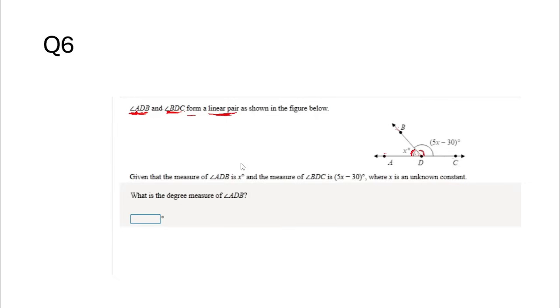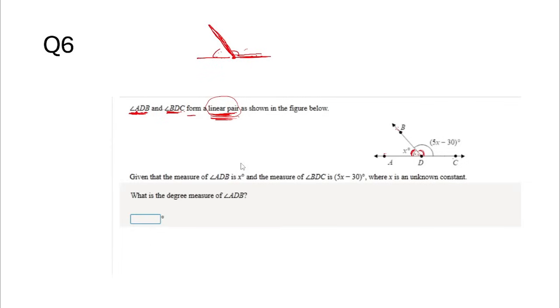Do you remember the linear pair? How do we know that this is a linear pair? We said before, a linear pair means the angles have the same endpoint, the two angles have a common ray, and the other rays are in the opposite direction. So this is why we're saying it's a linear pair.